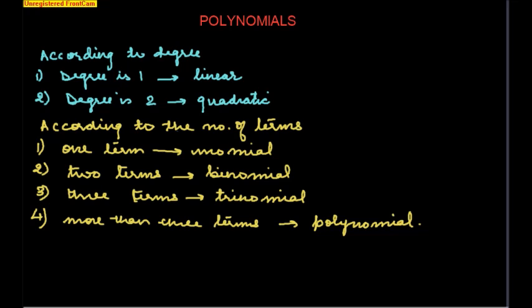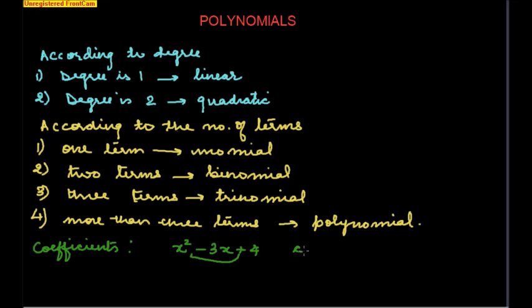Now let's see the coefficients. What are the coefficients? Let's just take an example. If the question is x square minus 3x plus 4, and I ask you the coefficient of x, then apart from x in this term, whatever there is, we call it the coefficient.